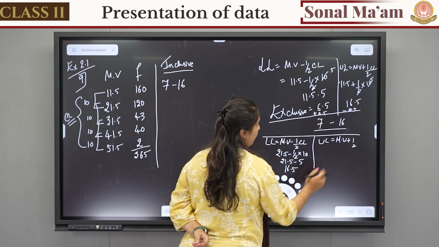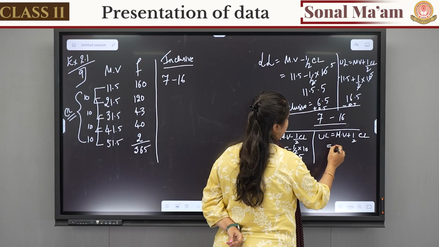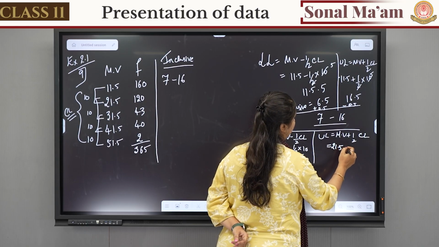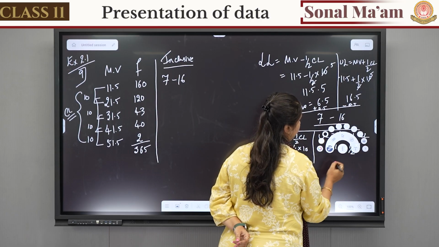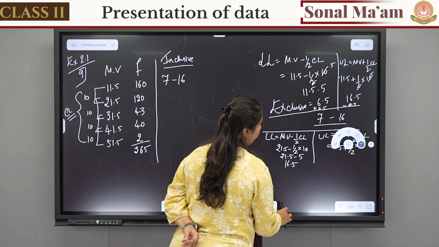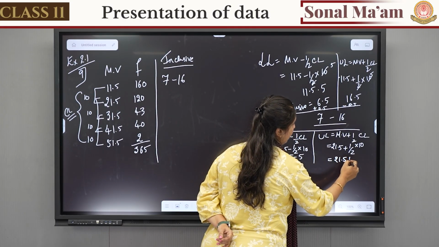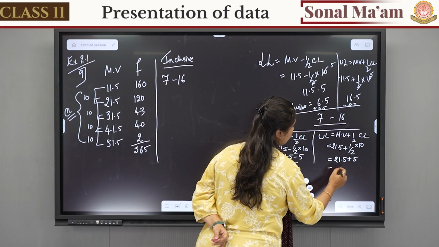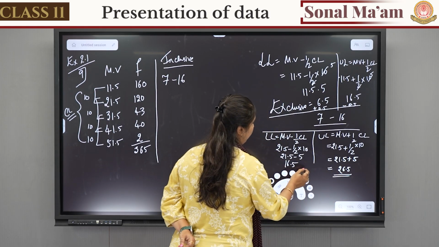And upper limit is mid value plus half class length, that is 21.5 plus 1 by 2 into 10, that is 21.5 plus 5, which comes to 26.5.